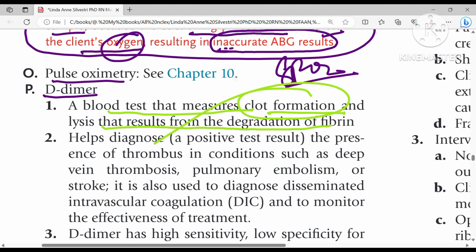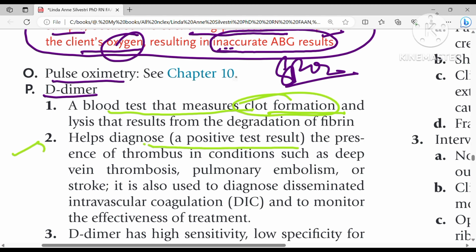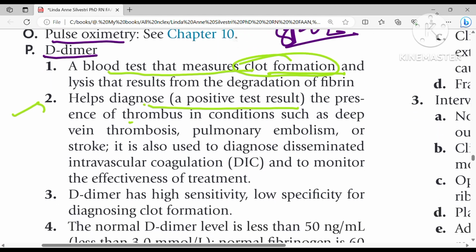It measures the clot formation and helps to diagnose, with a positive test result, the presence of thrombus, such as deep vein thrombosis. So in DVT it can be there. DVT and PE, pulmonary embolism.